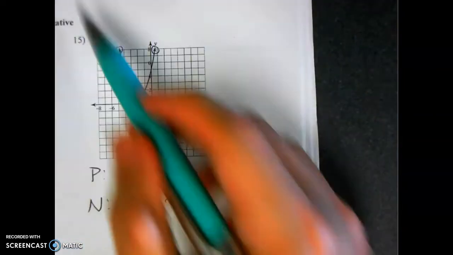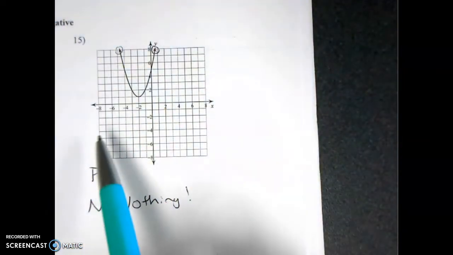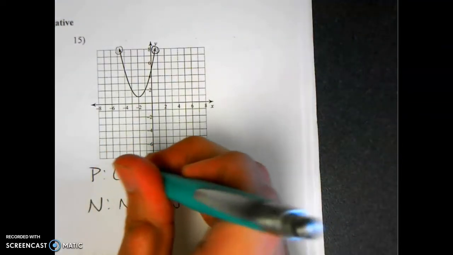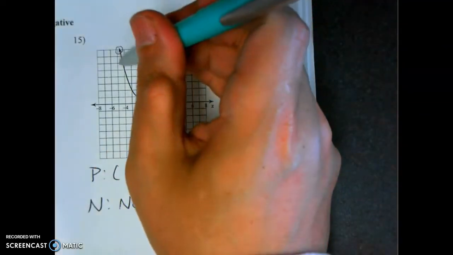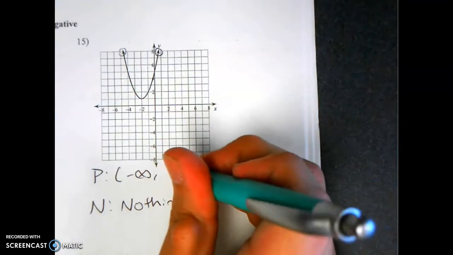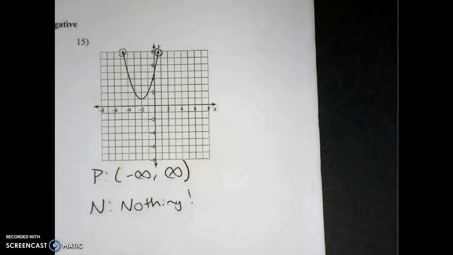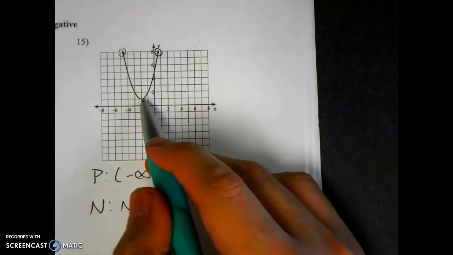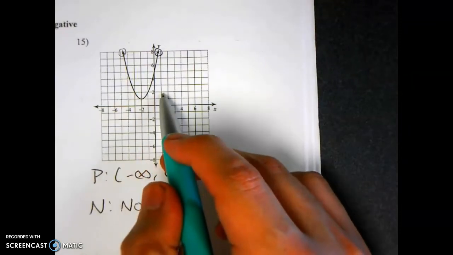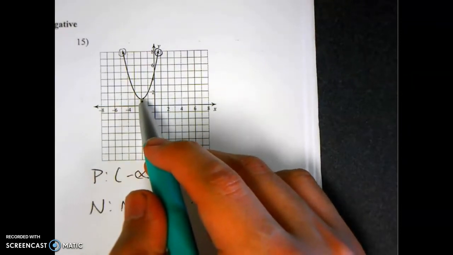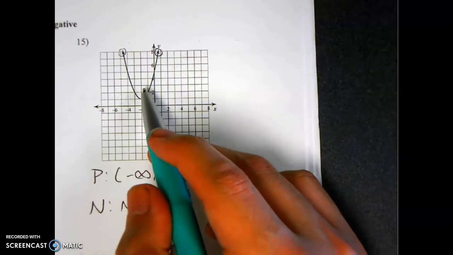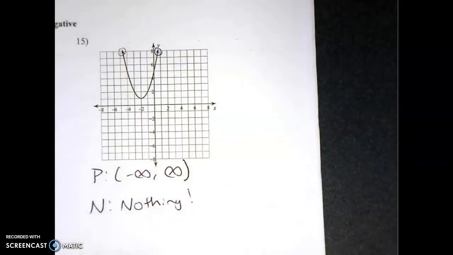Well, this arrow shoots off up here, which covers the negative x's, so that's negative infinity, and it's positive the entire time up to infinity. If you thought it ended here, remember, this is still positive. If it dropped down here, it would be completely different, but since it's up there, it's still positive.